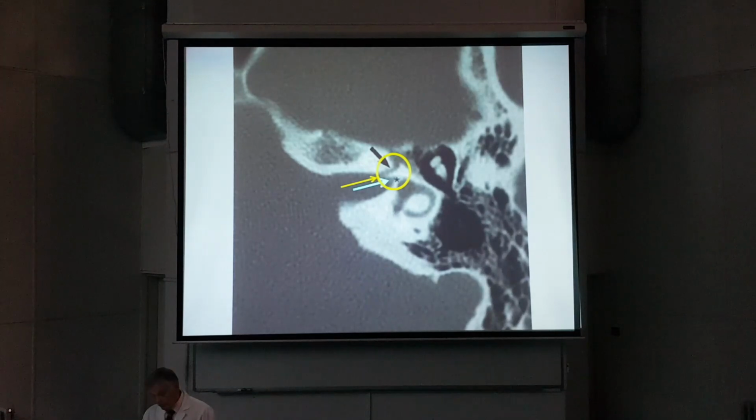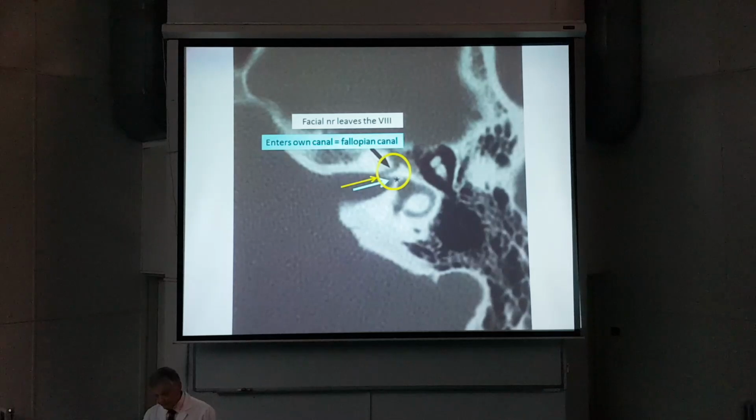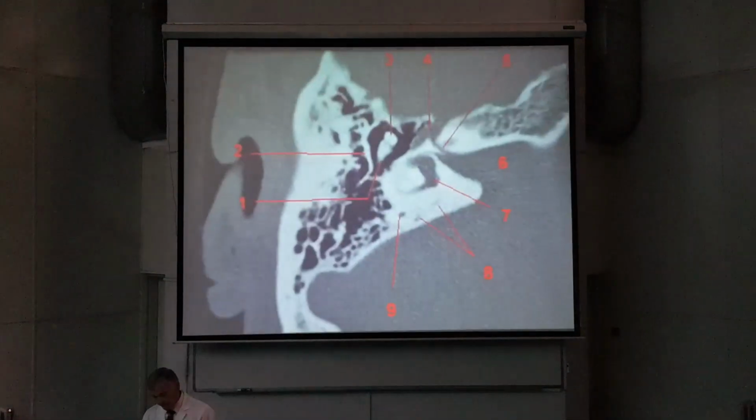Now, both of them run together, but here in this area, the facial nerve is going to leave the company of the 8th nerve and runs in a special canal called the fallopian canal. Its own canal only for the facial nerve.